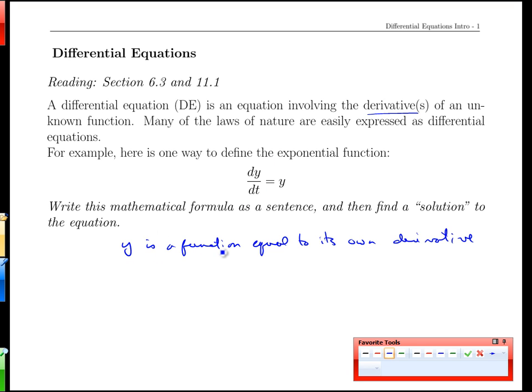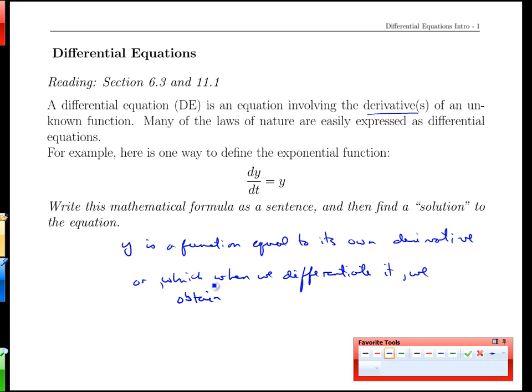Y is a function which is equal to its own derivative, or which when we differentiate it, we get the same function back again.